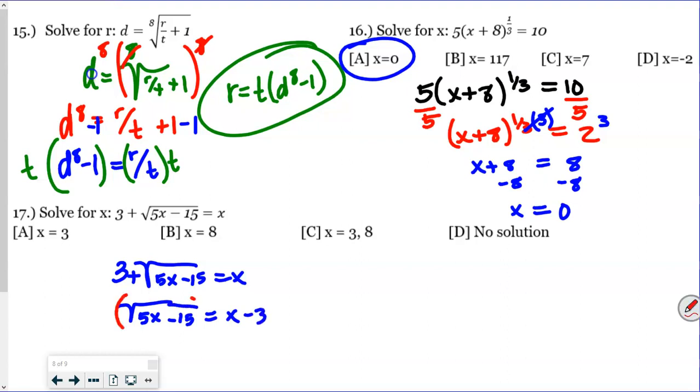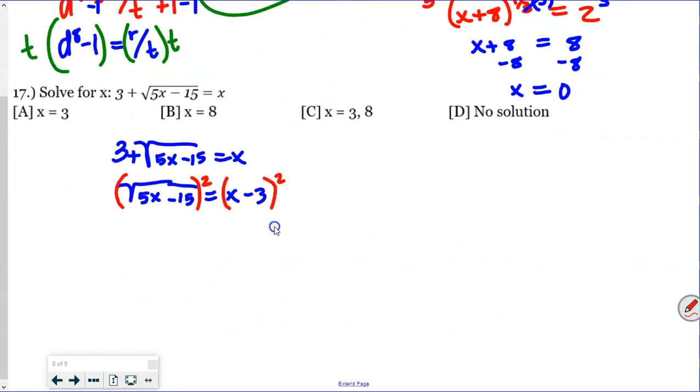So I'm going to have to square both sides. And if you don't remember how to do what's down there, then do the box method, okay? The x minus 3 squared, okay? So, but we're going to use this to cancel that. That gives us 5x minus 15. That's going to be x squared minus 6x plus 9.